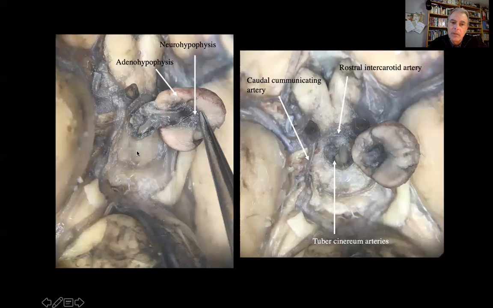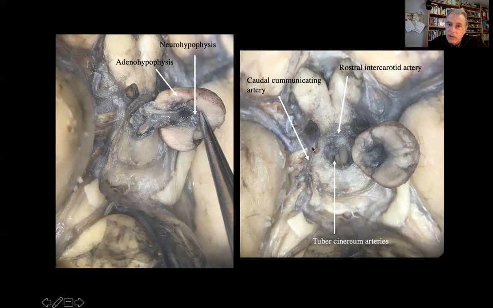Then we have the tuber cinereum. The pituitary stalk has been sectioned here, and this portion is the neurohypophysis. Look how well vascularized the neurohypophysis is compared with the adenohypophysis that surrounds it.